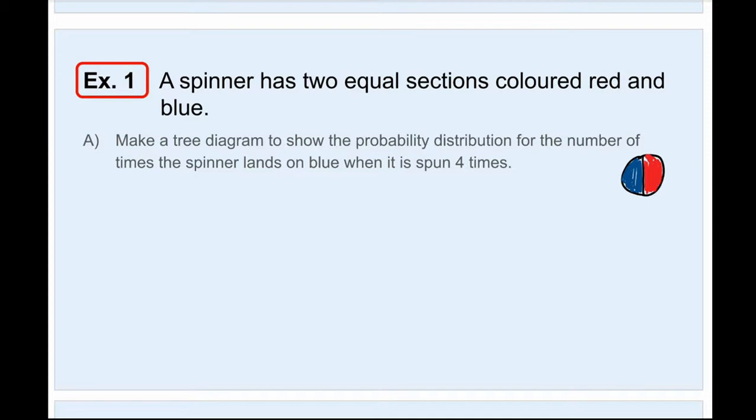So if we're spinning different things, first we could land on blue, or red. Off of the blue, you could spin blue again, or spin a red. The same thing could occur for the other one. So that's 1, 2, 3 spins. Do it once more: blue, red, blue, red.